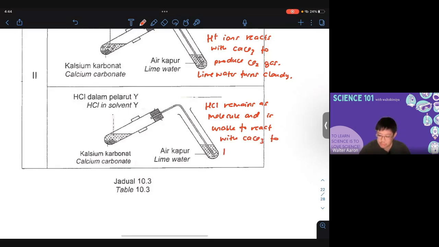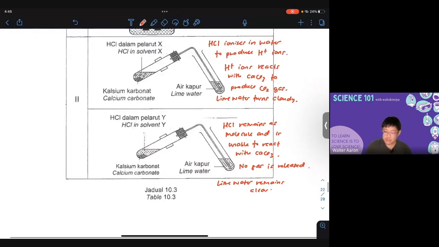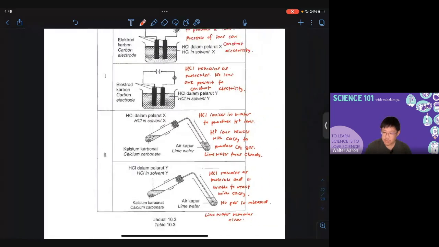So no gas bubbles are released, or no gas is released. Lime water remains clear. I think this is enough explanation for you already.